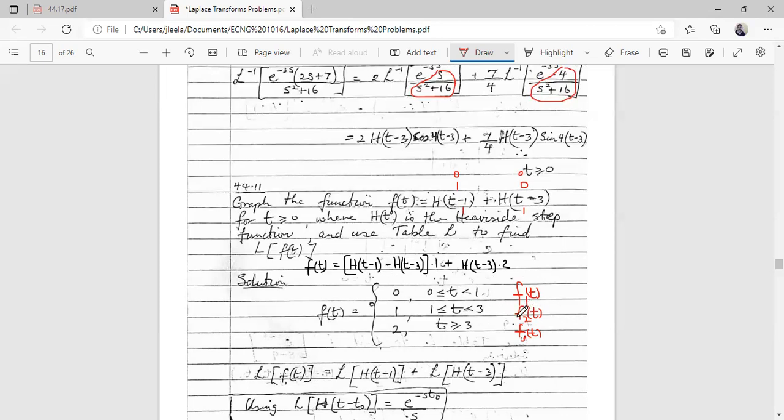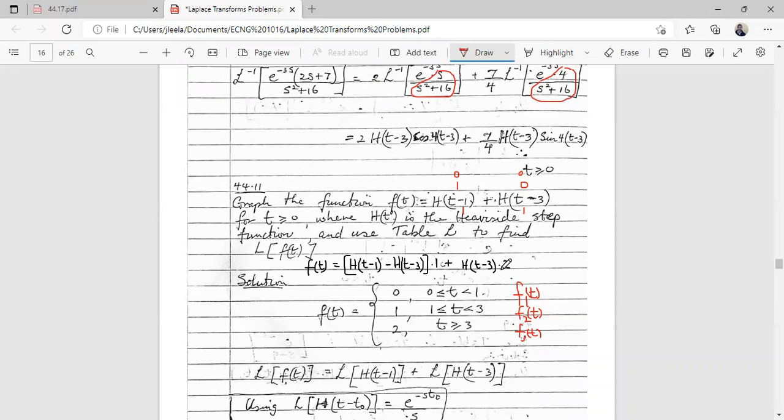The second region here now, between 1 and 3, right? You're taking h at t minus 1 minus h at t minus 3, and you're multiplying it by the function, which is 1. You see it here, on top here. And the third region, you're just taking the Heaviside at t minus 3, and then you're multiplying that by the function, because this is the last region here.